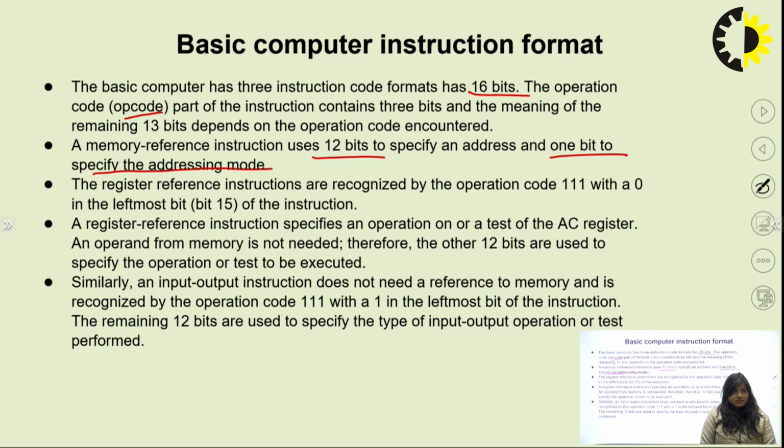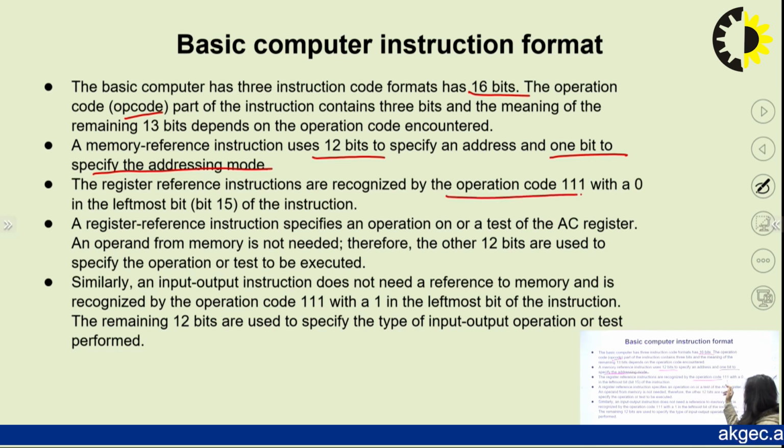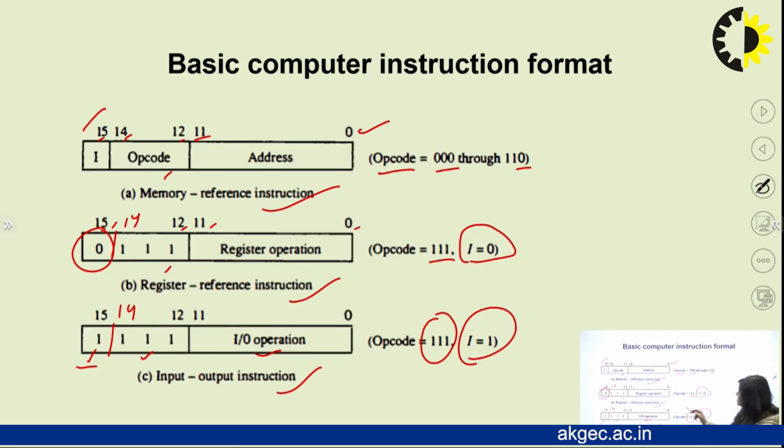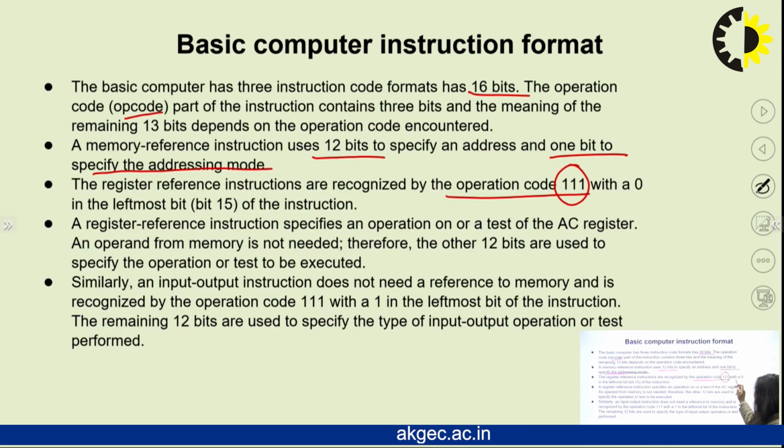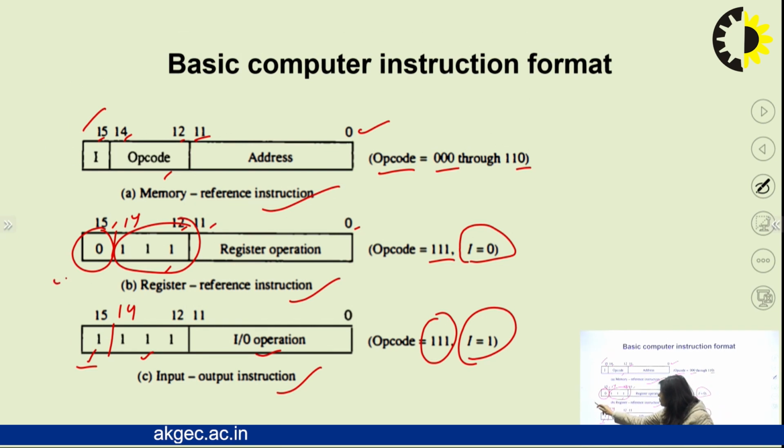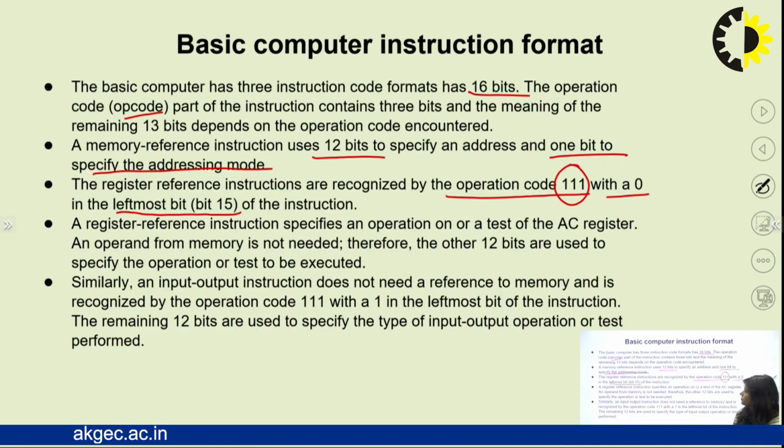In a register reference instruction, we recognize it by the operation code, which is the opcode. This should be 111, as we have seen here, with the last bit being 0, which is the leftmost bit, bit 15. It should always be 0.